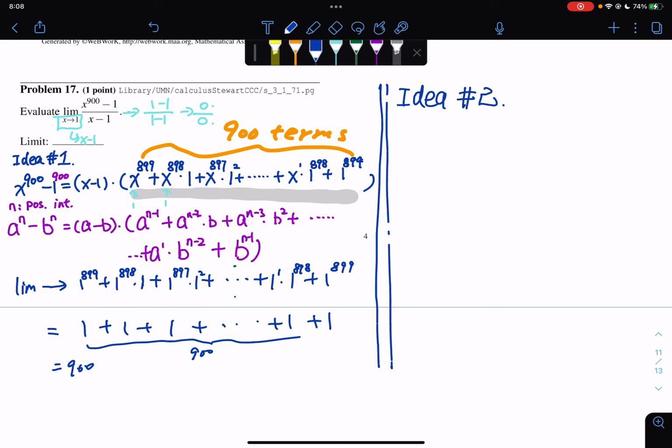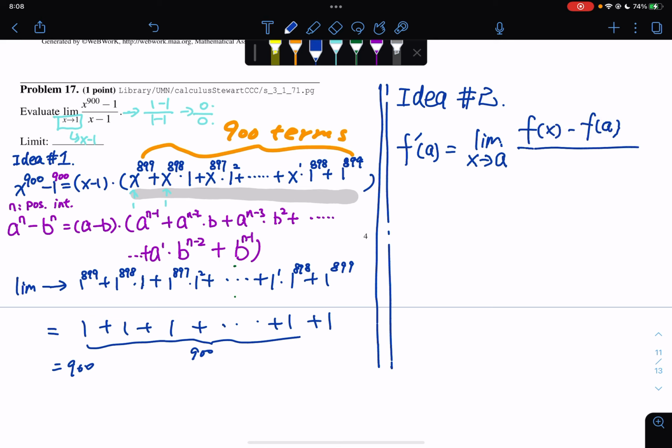We have two definitions of derivative. One is that the derivative at a point is the limit as x approaches a of f of x minus f of a over x minus a. This was our first definition. And then we have the second definition.